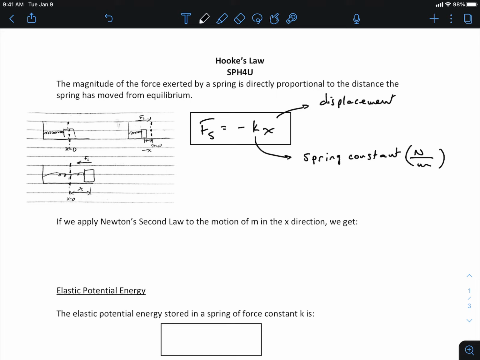That's how much force can be applied, and then we have the spring force.